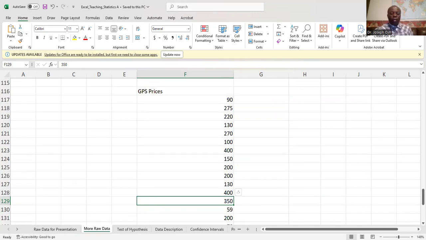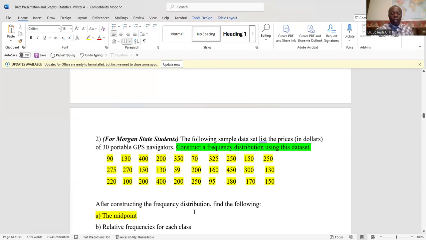So I have this data set. The same data set you have here. I have it in this spreadsheet right here.